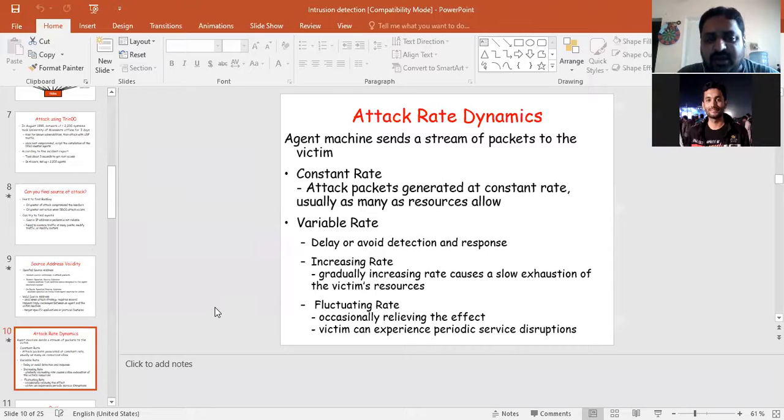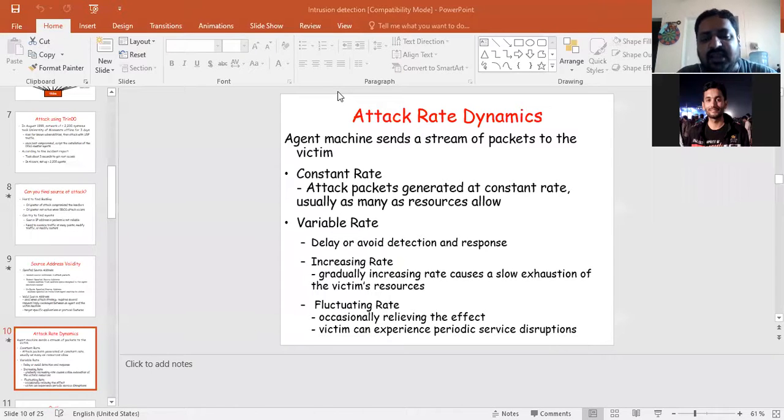It could have a constant rate of attack, or it could have a variable rate of attack. So it attacks the system constantly, or it can vary its attack on the system. It may change; sometimes it damages more, and sometimes it damages less.